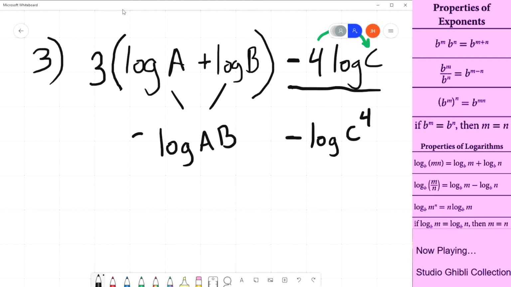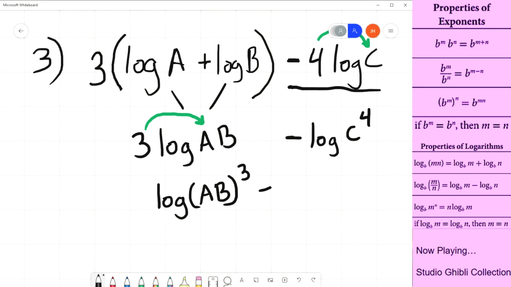In which case, then it's just a 3 inside there. So I just got to use my exponent property again, and I apply the power of 3 to the inside. So watch this. What I get is log of ab to the power of 3 minus log of c to the power of 4.